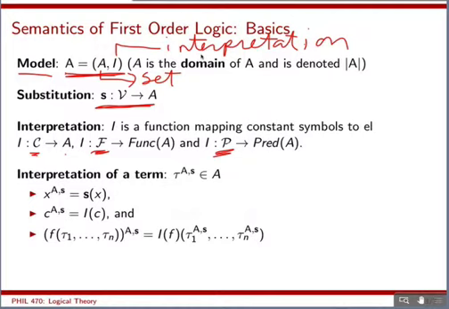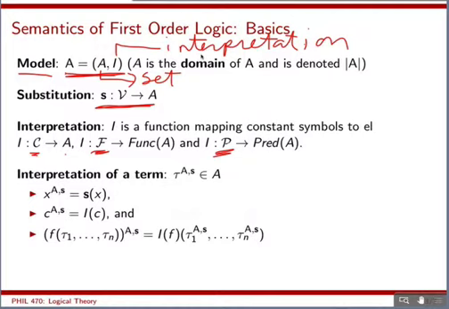Okay, and now we can see exactly why I say each term is associated with a particular element in the domain. So we write tau of A, S, this is the interpretation of the term tau.